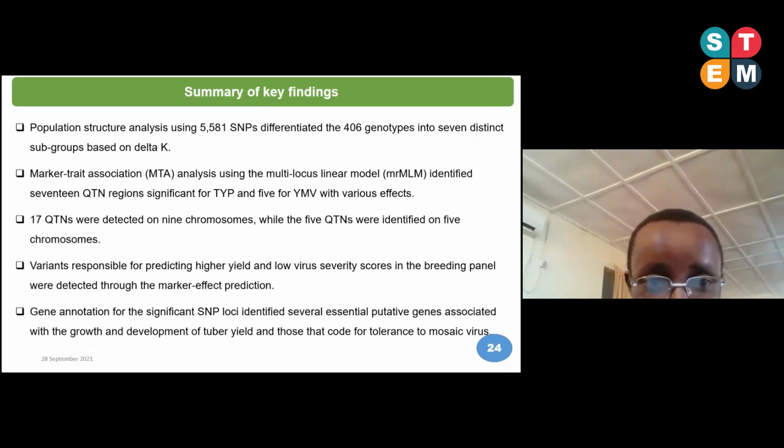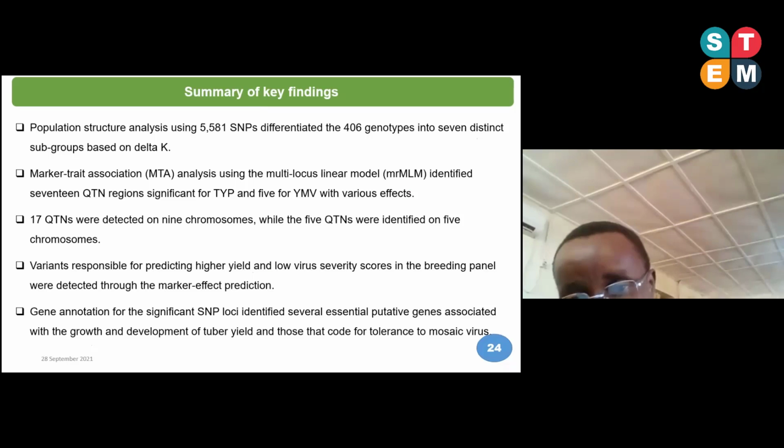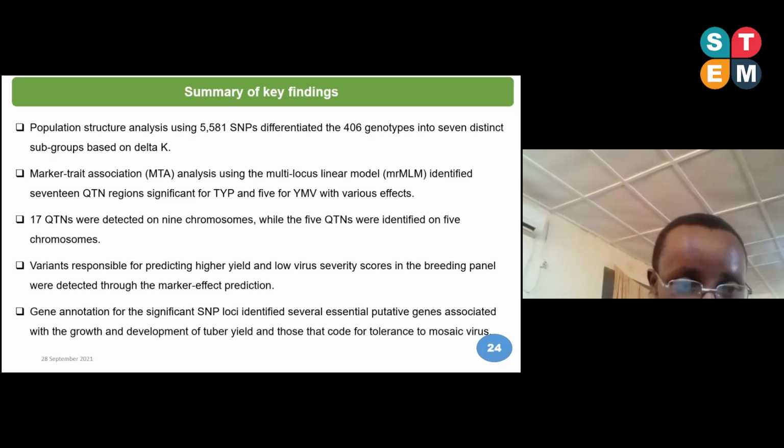Then for the marker trait association analysis using multi-loci models, we identified 17 QTNs for the tuber yield per plant, and then 5 for the yam mosaic virus, with various effects. Of these 17 that we have detected, they were detected on 9 chromosomes.